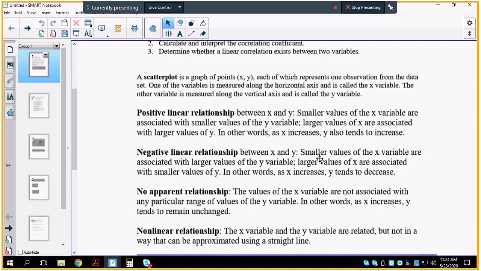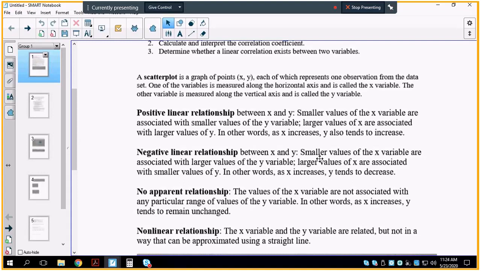Whereas a negative linear relationship between two variables x and y will interpret that smaller values of x are associated with larger values of y, or larger values of x are associated with smaller values of y.